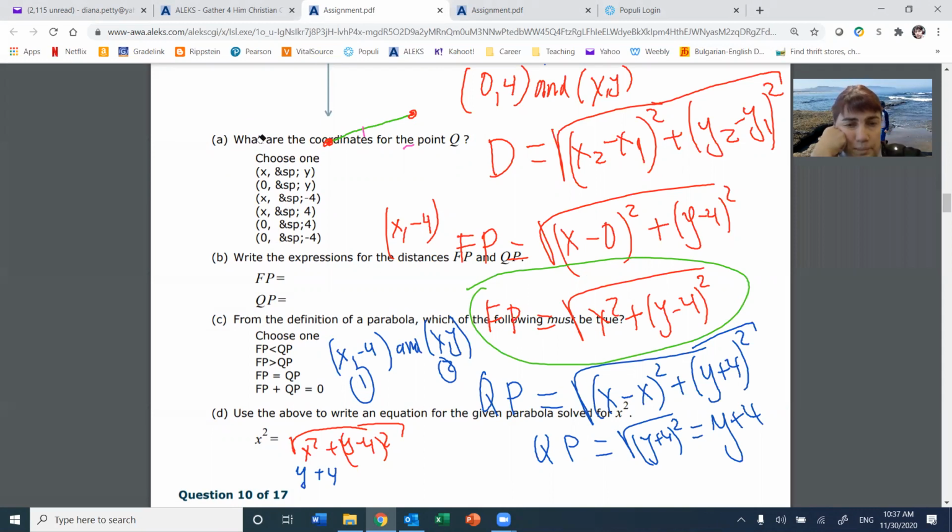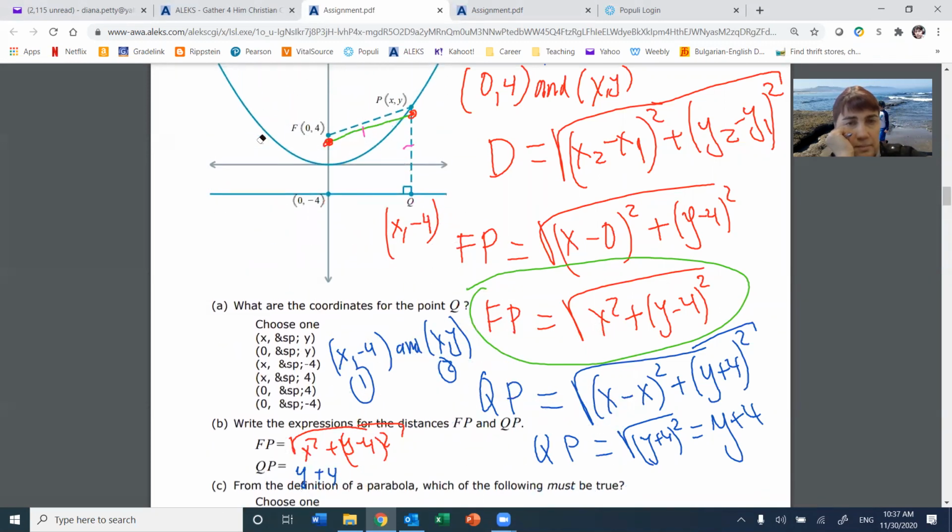So what we can do, they want us to use, we can just look at the picture and write the equation of the parabola, right? I don't know, they want you to use the P and the Q to find the equation. But let's just look at the parabola and see what the equation would be.